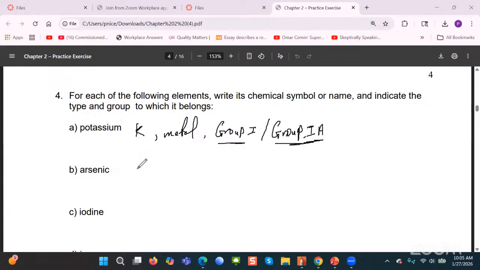In the case of arsenic, the symbol is As. Arsenic is known as a metalloid, and the group number would be group 5 or 5A.